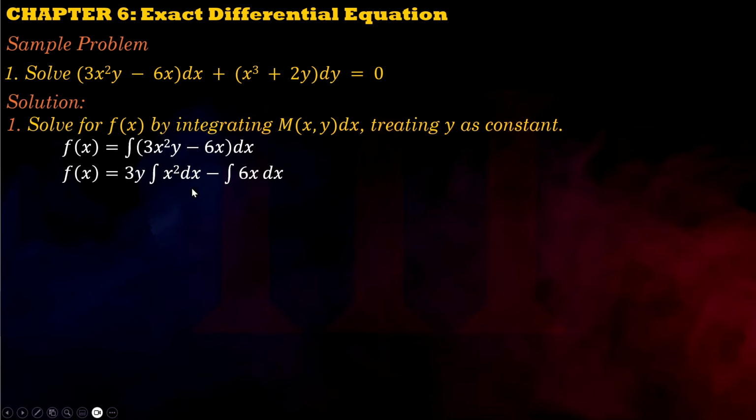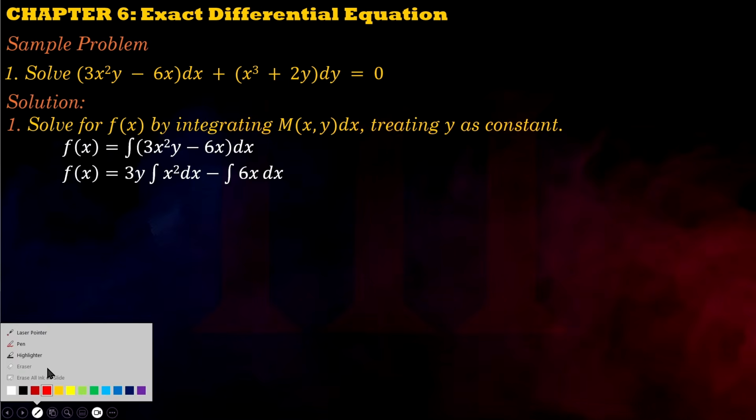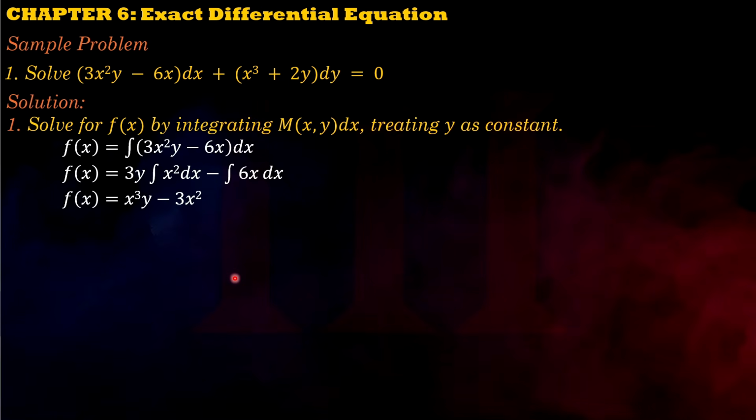We all know the integral of x squared is simply x cubed over 3, and then the 3's will cancel, and then just simply copy y. And then the integral of 6x is simply 6x squared over 2, which will give us negative 3x squared. So we have successfully solved for f of x.